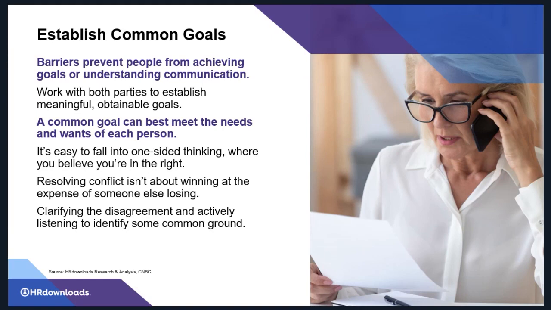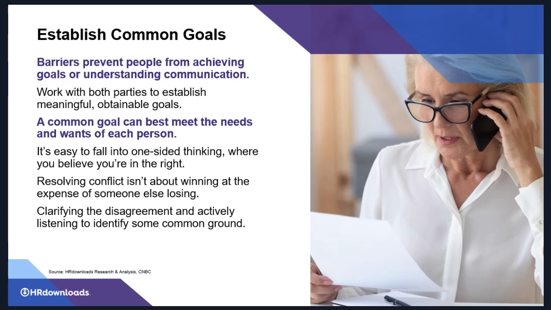Now, the next step is establishing common goals. Conflict occurs when a barrier prevents people from achieving goals or understanding communication. Work with both parties to establish meaningful, obtainable goals. A common goal can be a resolution that best meets the needs and the wants of each individual. Without a common goal, it's easy to fall into one-sided thinking where you're biased and you believe that you're in the right and the other person is wrong.